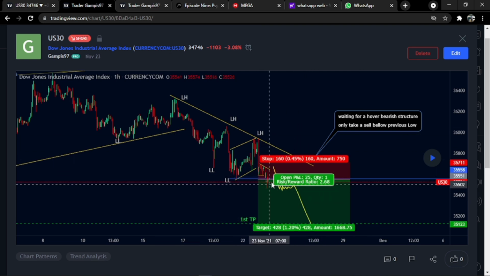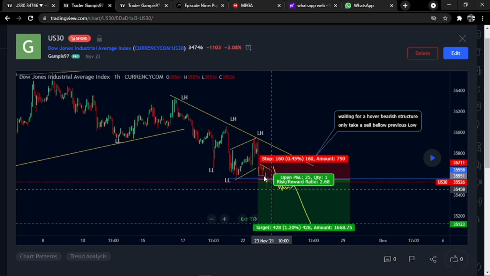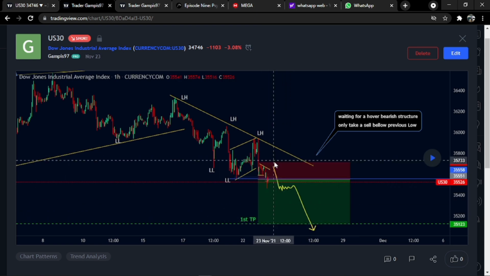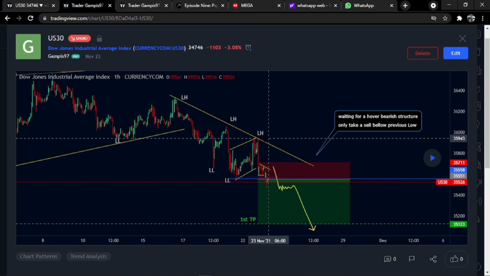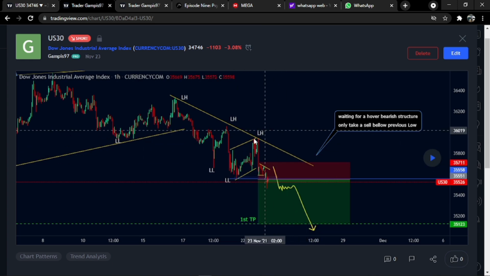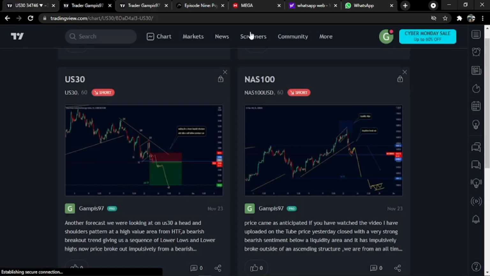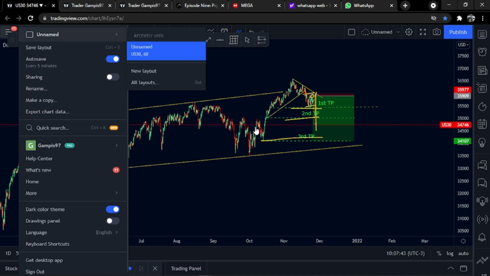So it broke below, it faked out, it went back inside. We were waiting for price to close below impulsive before we can enter, but price faked out and went back up. That is when we wanted to see price coming back to that area and giving us those sales around this area here. So USDT also played out very well as anticipated.